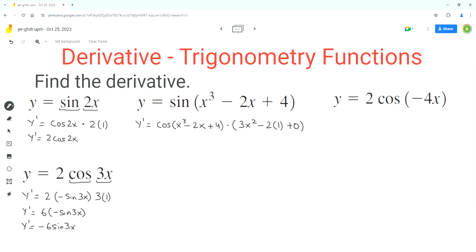Now we can simplify this expression. Now in the second parentheses, 2 times 1 is 2, and the 0 goes away.